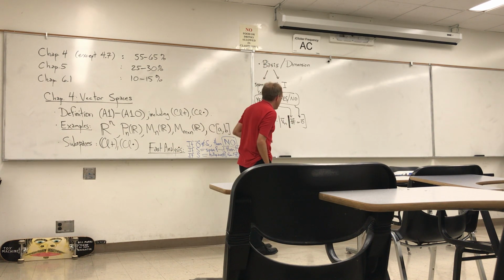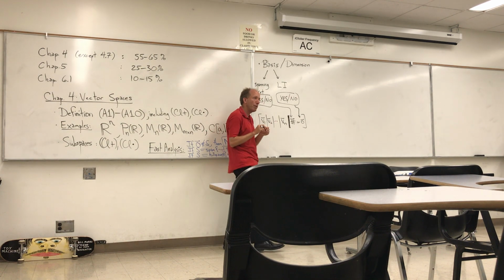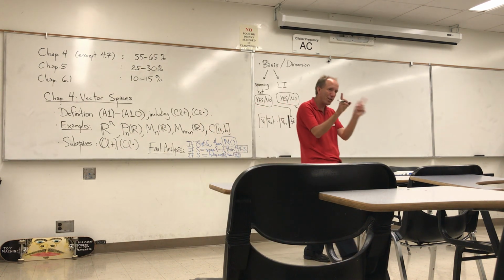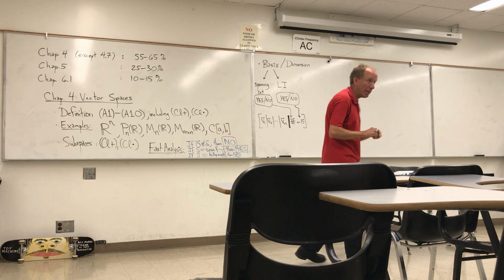I also want you to remember this important thing about the relationship between the number of vectors that somebody gives you and the dimension of the space that those vectors are in.